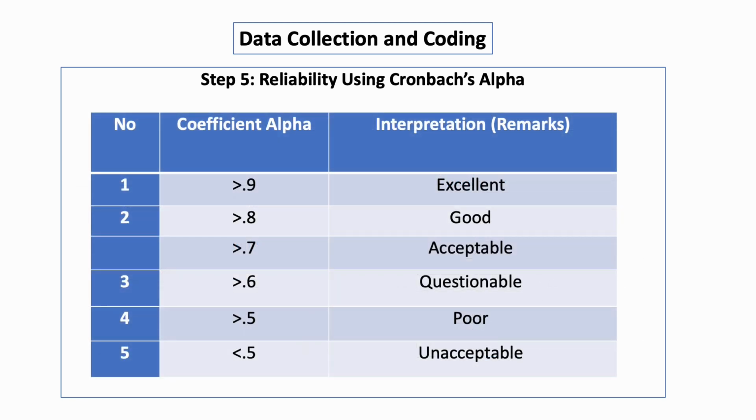Here I am giving you the Cronbach alpha coefficient and the interpretation. More than 0.9 is considered excellent, 0.8 is good, but acceptable should be more than 0.7. 0.6 is questionable, 0.5 is poor, and less than 0.5 is unacceptable.